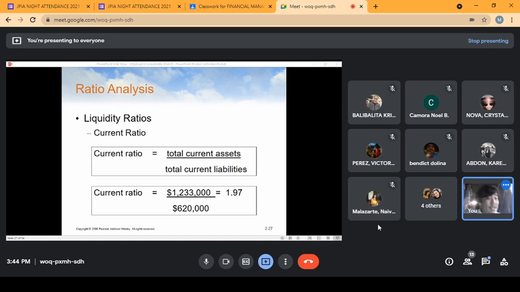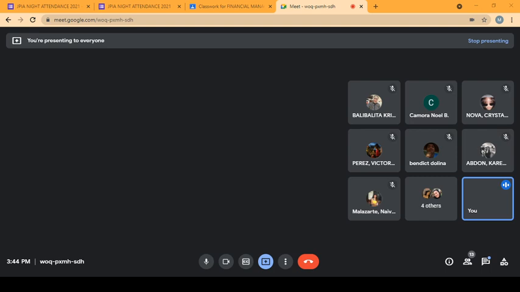Kasi kung hihimayin po natin yung current asset na meron tayo, hindi naman po lahat ng current asset na meron tayo are cash. Baka po, mataas lang ang current asset natin kasi marami tayong inventory. Oh, di ba? Sasabihin, ay, mataas ang current ratio. So, kaya niyang bayaran kahit doblehin pa. Pero nang himayin, hindi pala. Kasi, naging mataas ang current asset kasi marami siyang inventory na hindi nabebenta.